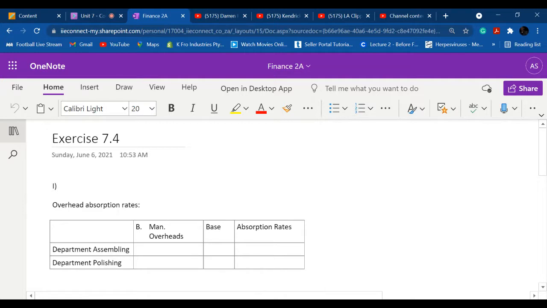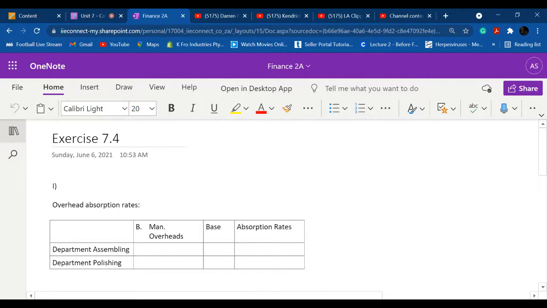Then direct labor, it says department assembling, 27 hours at 5 Rand 25 cents per hour. Then department polishing, 48 hours at 6 Rand 90 per hour.